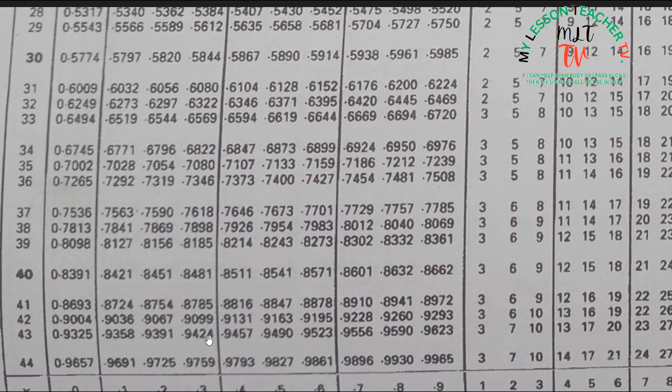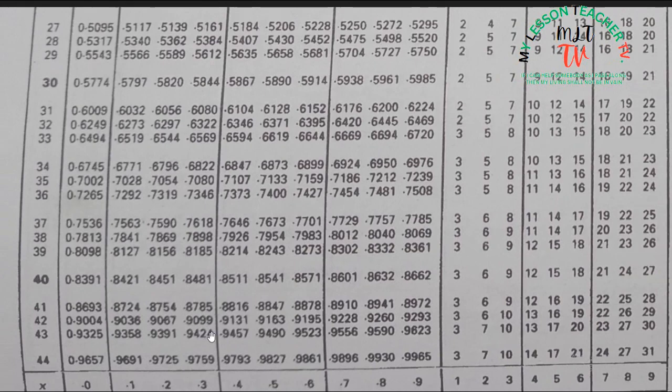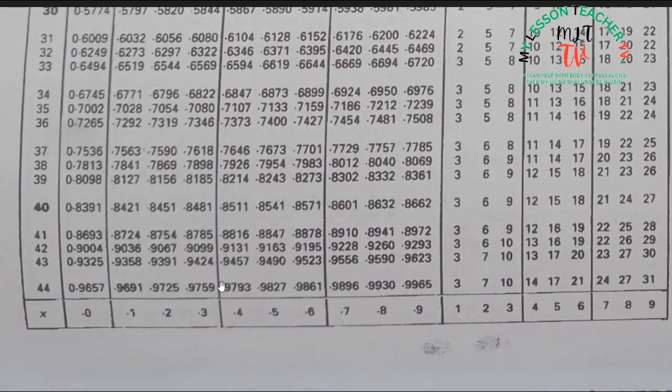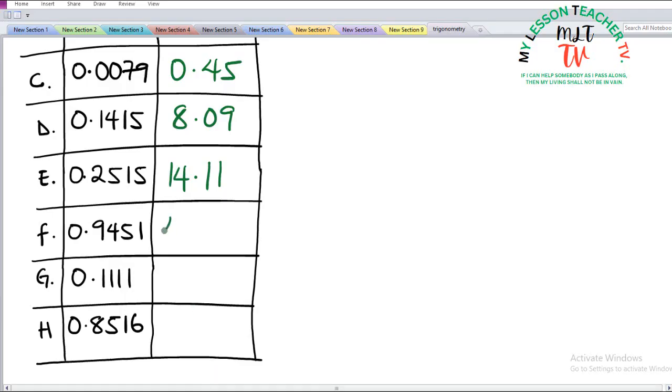So we are looking for a difference of 27, and this is under 8, so that our answer now is 43 under 3 difference 8, leaving us with the answer 43.38 as our angle theta.